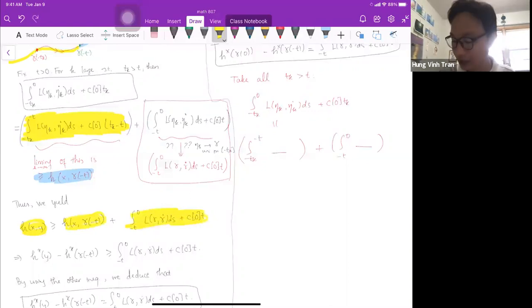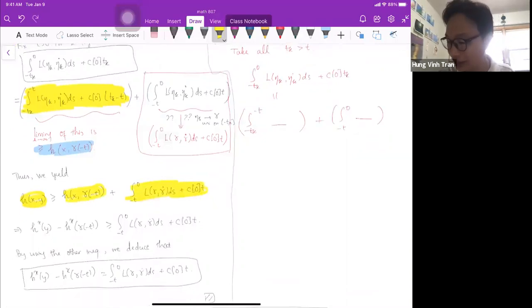So what is really amazing is that from that we have been able to deduce that h of xy minus h of x of gamma minus t is greater than or equal to the action, right?